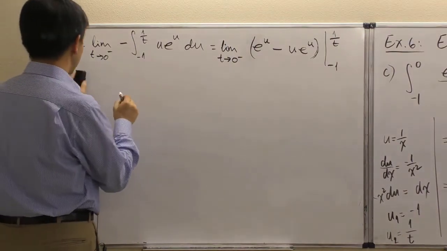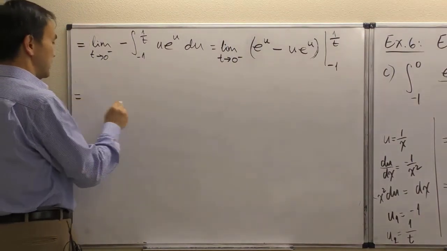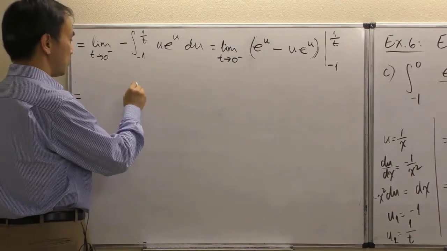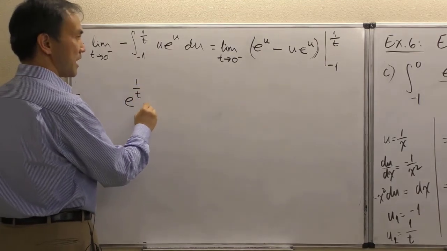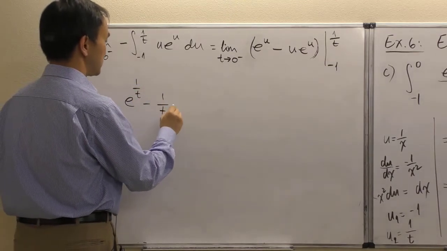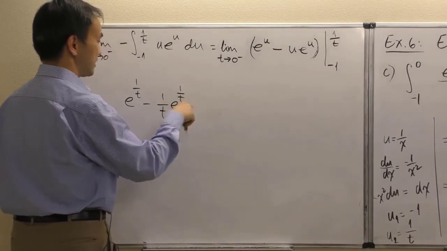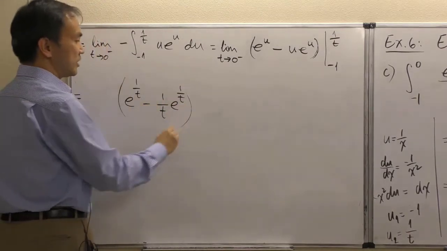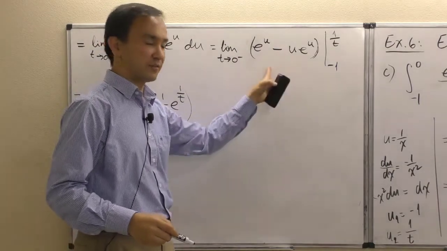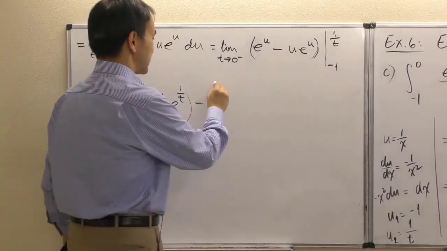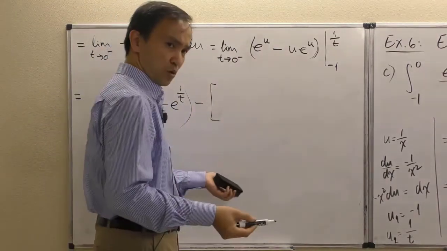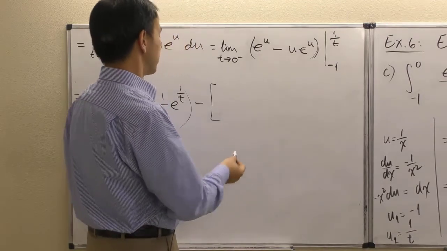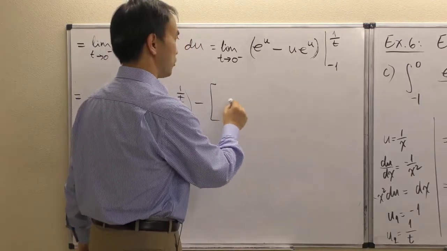So this is what I'm going to get in the next step right here. I need a little more space. So e to the 1 over t minus 1 over t times e to the 1 over t. That's how I substitute the 1 over t expression into my antiderivative. And then I'm going to subtract, and I'm going to use quite a massive amount of parentheses here.